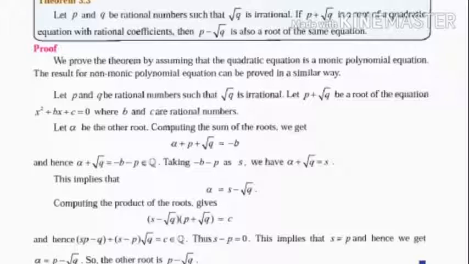Then automatically p - root q is also a root of the same quadratic equation. Instead of the conjugate, it has minus root q. Using these two theorem conditions, we are going to see the sums now.